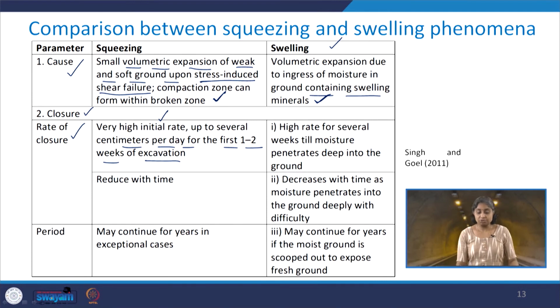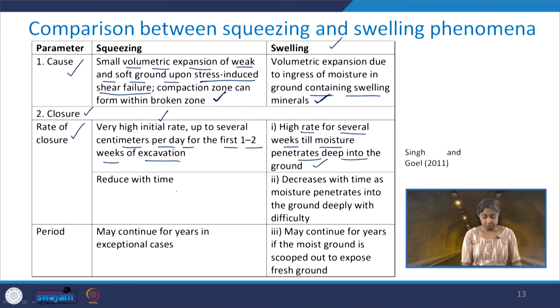However, in case of the swelling ground condition, there is a high rate for several weeks till moisture penetrates deep into the ground. So, in case of the squeezing rock, the high rate is up to 1 to 2 weeks of excavation, but in case of the swelling ground condition, it takes several weeks.